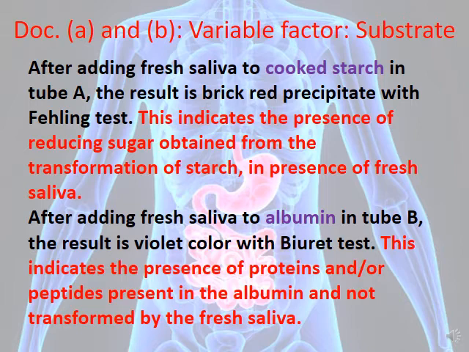So saliva converted the starch into reducing sugar, and to be more specific, the enzyme inside the saliva, which is called salivary amylase, works on starch and digests it into reducing sugar. While after adding fresh saliva to albumin in tube B, the result is a violet color with the violet test. This indicates the presence of proteins and or polypeptides present in the albumin and not transformed by the fresh saliva.